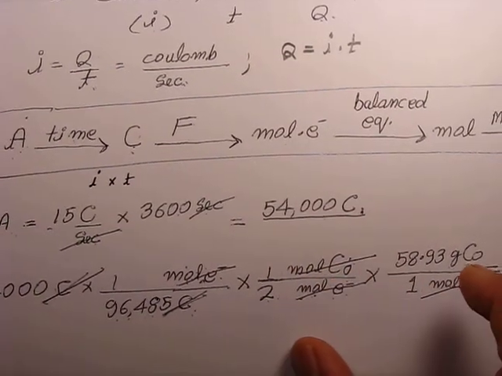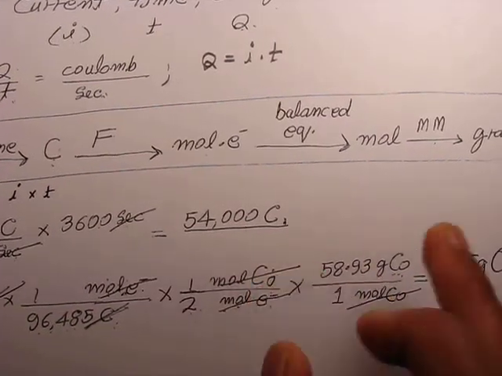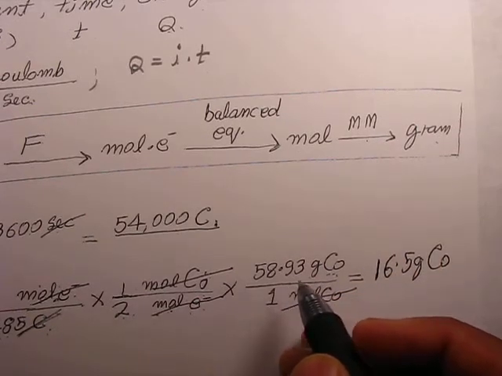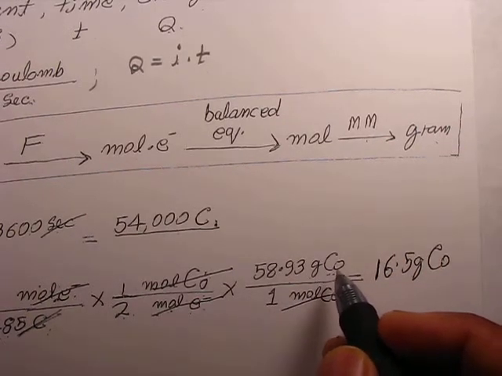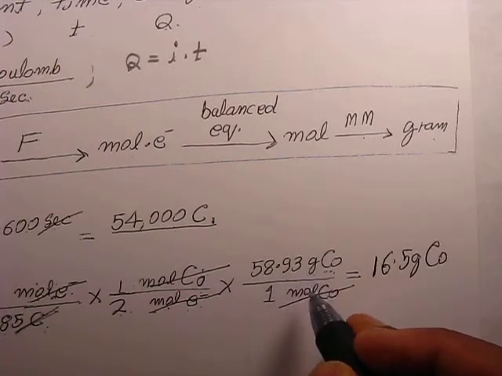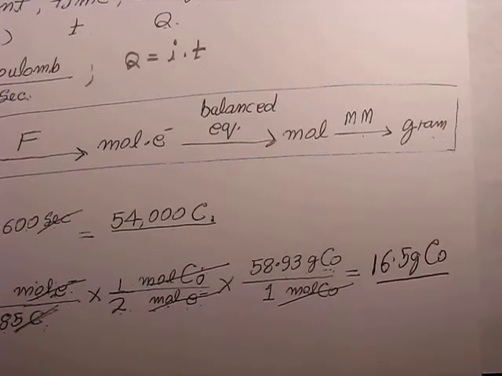And then once we find out the total number of moles of cobalt, we can multiply that with the atomic mass of cobalt, which is 58.93 gram per mole, and then at the end we can find out how many grams of cobalt we got.